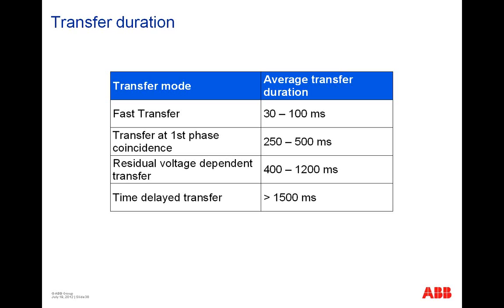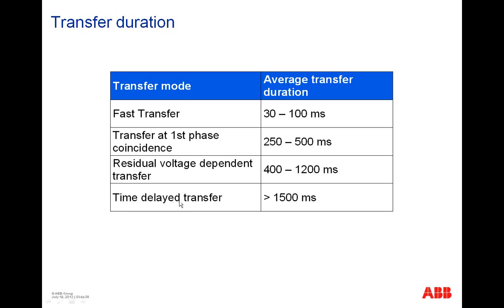So the residual voltage also depends on how long the bus bar is isolated while the motors are feeding back. If there are really big motors and they have been running a long time, then it also takes a long time until the bus bar voltage declines to 40%. If you have small motors or pumps, they nearly stop immediately, and then you reach the 40% very fast.